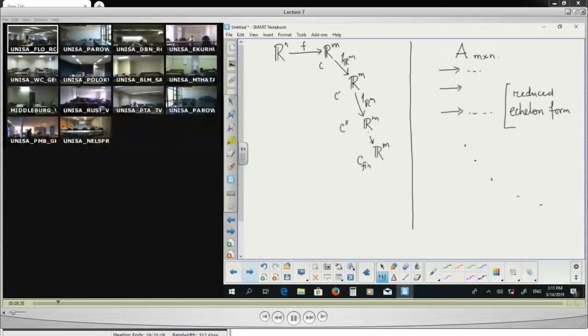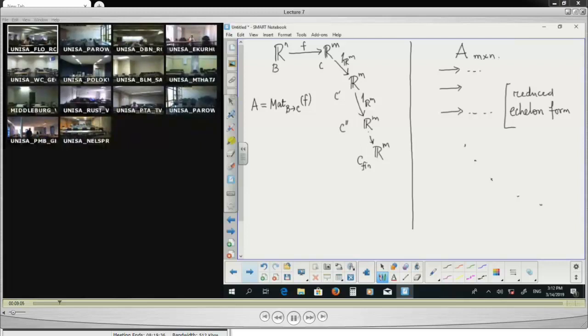So essentially, if you compose this, there are finitely many steps, you get back only F, but the matrix representation has changed. The original A was the matrix representation here. But then you have multiplied it by such things.